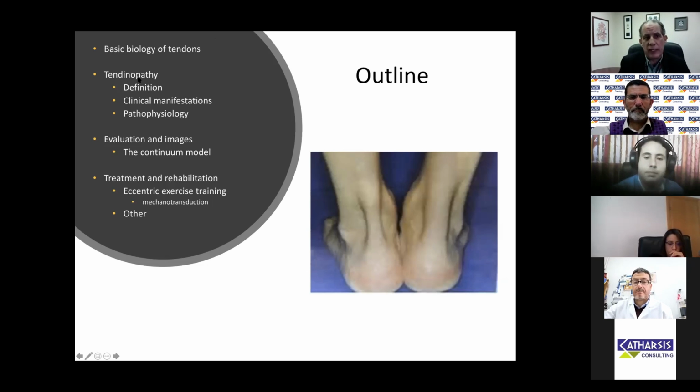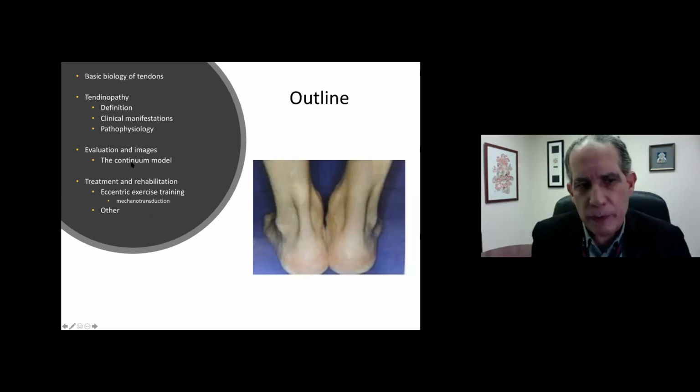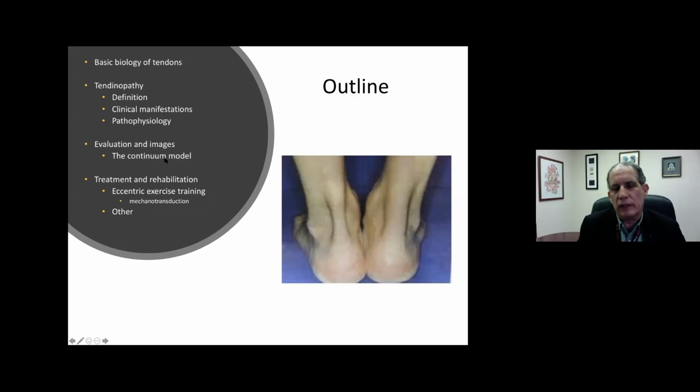I will also get into the definition of tendinopathy, clinical manifestations, and pathophysiology. I will speak a little bit about the continuum model of tendinopathy that you may be familiar with, and then get into treatment and rehabilitation.